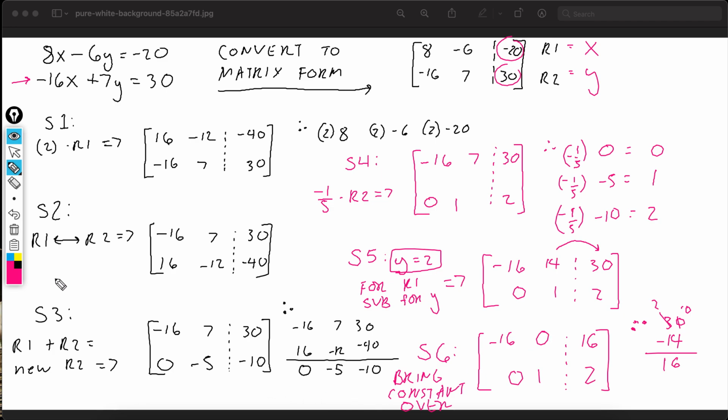Now, step 7. I'm going to erase this. I'm pretty sure you've written this out and followed along. Step number 7. Multiply negative 1/16 times row 1. Okay, let me draw that out. From step 6, we had 1, 0.